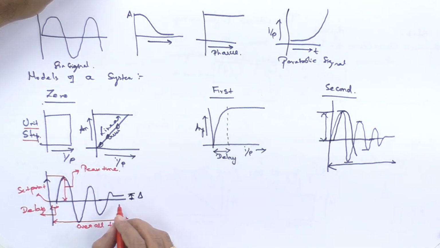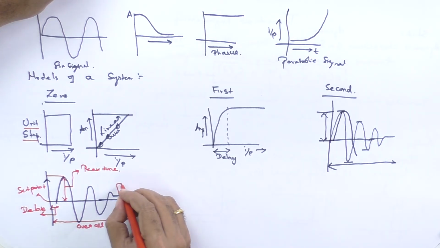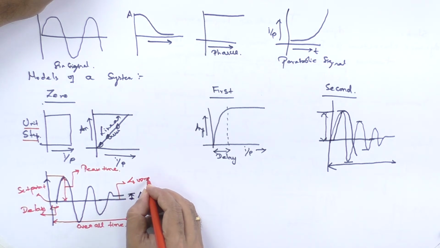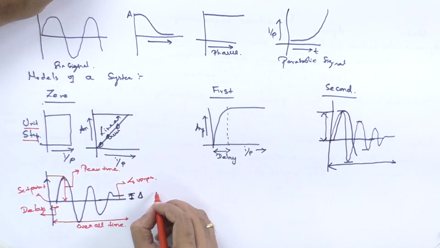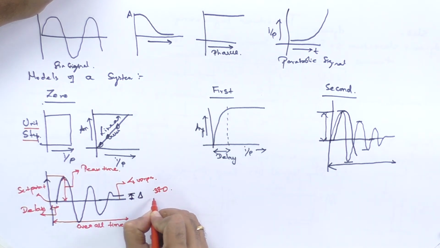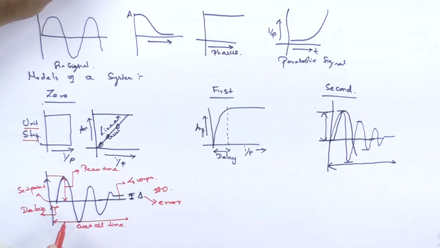But it has not reached exactly to that value. Let's take this as 400 rpm. It has not reached 400 rpm, it has reached only 380. So this delta is the error. Okay, so this is the settling time or the overall settling time.